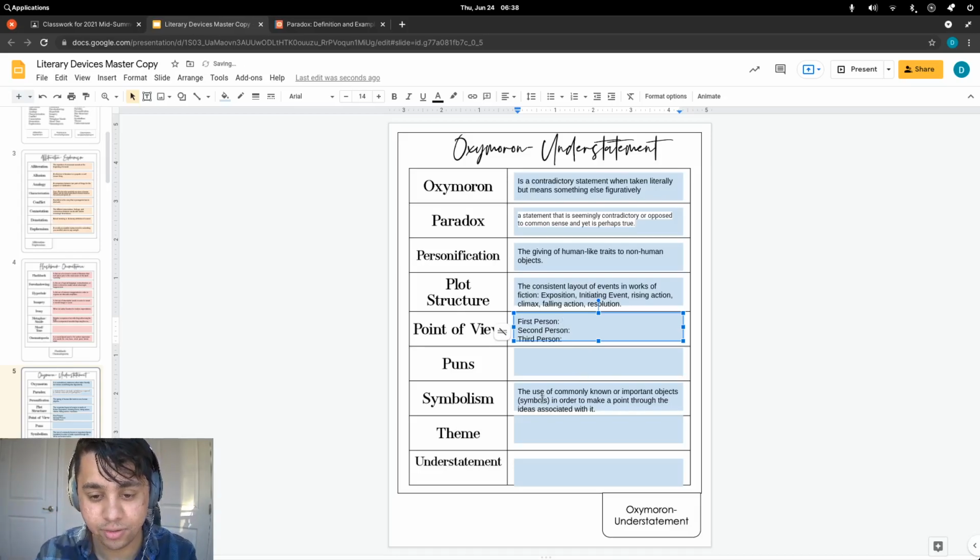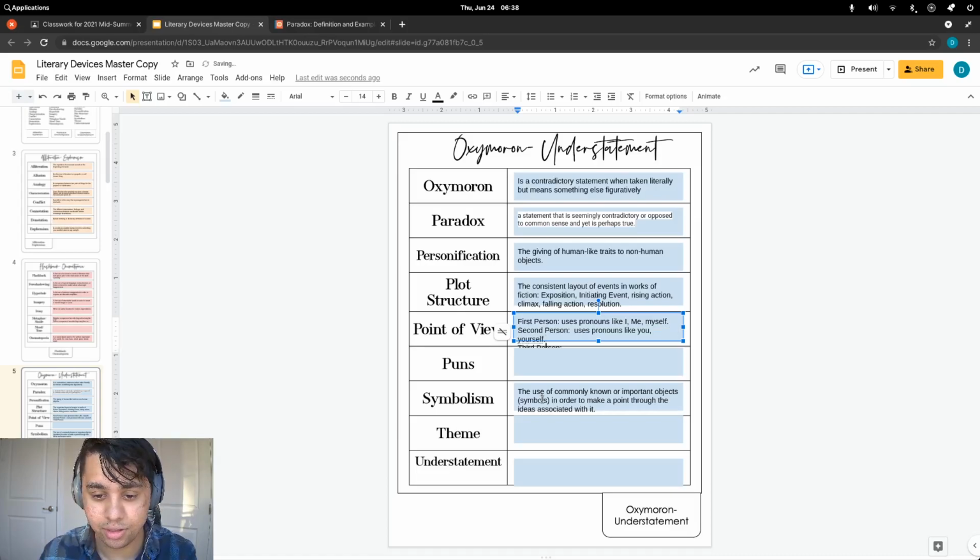So for instance, a first person point of view uses pronouns like I, me, and myself. Second person, which is not something that you typically see stories written in, uses pronouns like you and yourself.